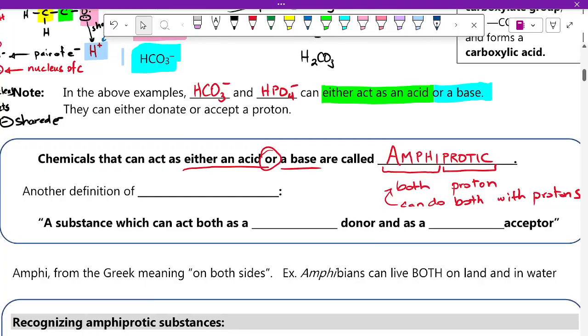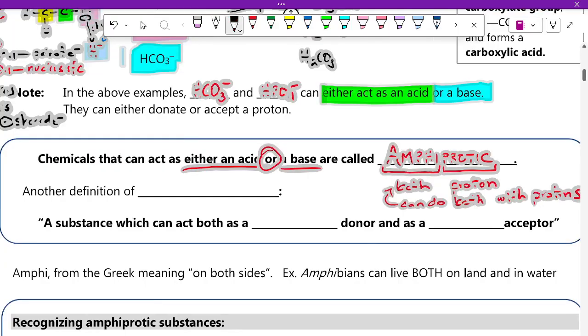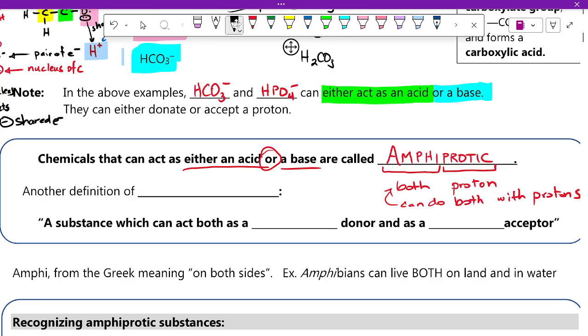Practice writing the word again. Say it out loud, write it again, so it becomes part of your natural vocabulary. It is a substance which can act both as a proton donor and a proton acceptor.